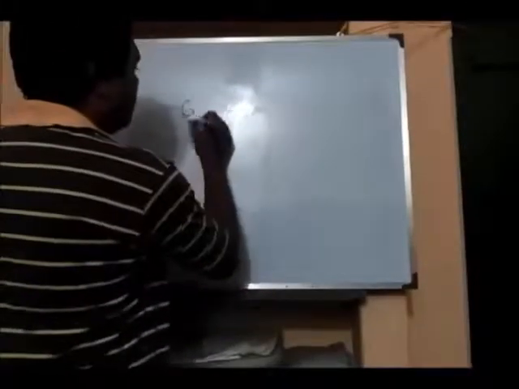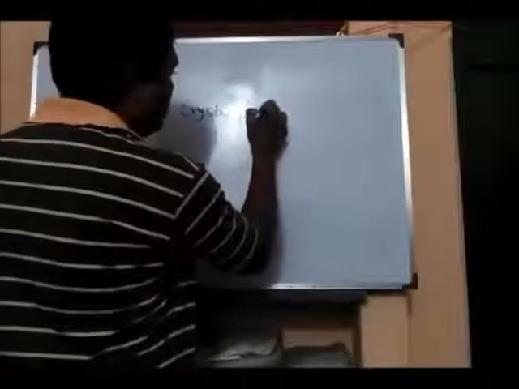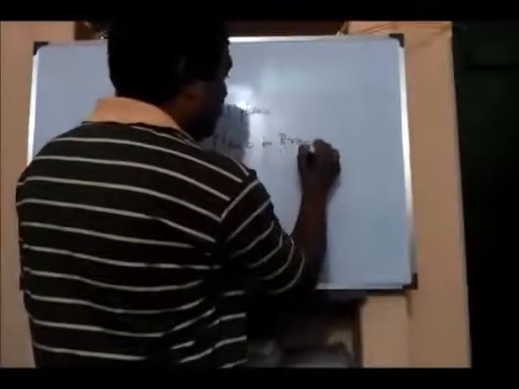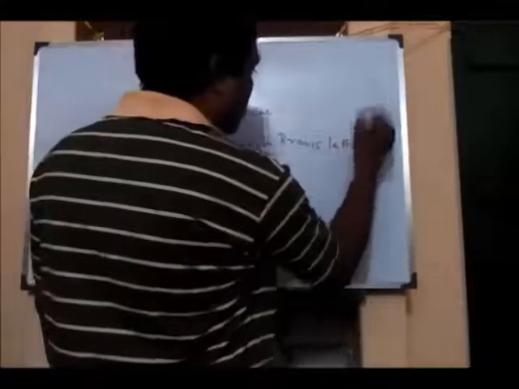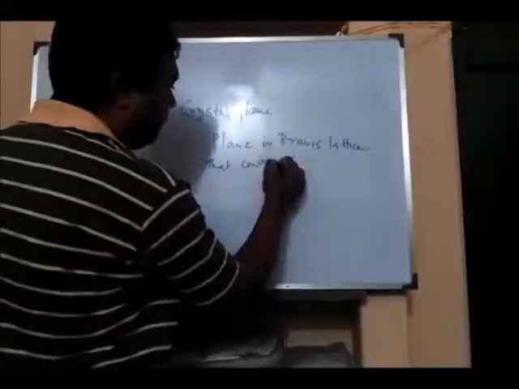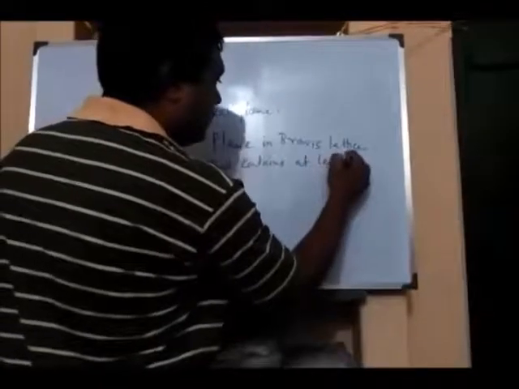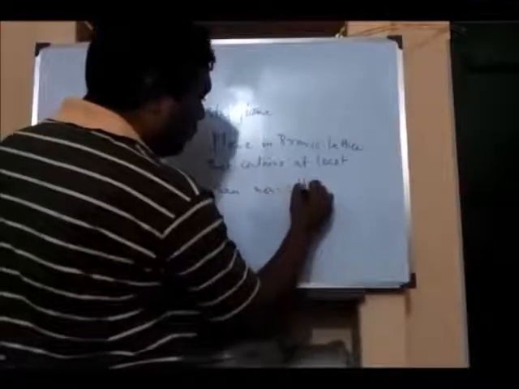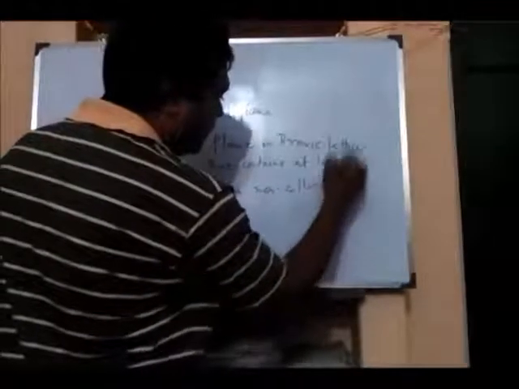Now, what is a crystal plane? I have said earlier, a crystal plane is a particular plane in the Bravais lattice that contains at least 3 non-collinear atoms.